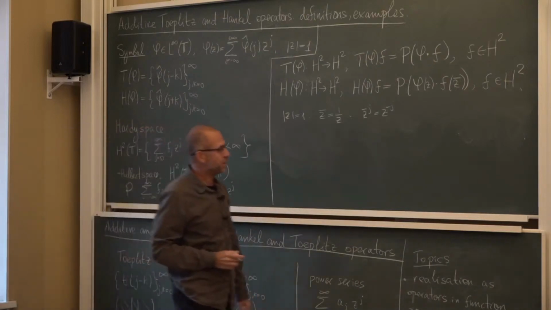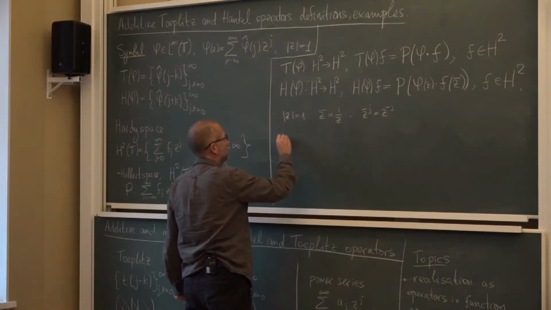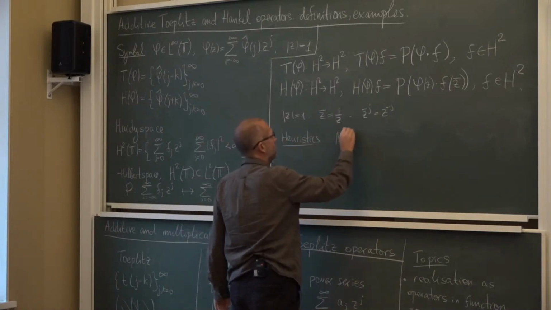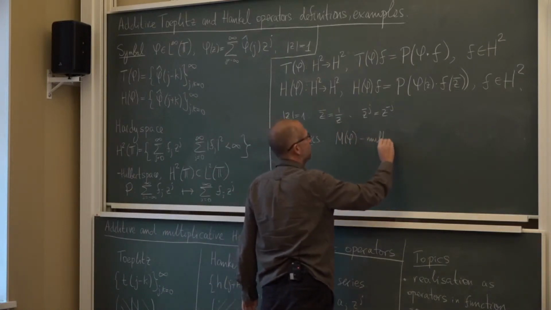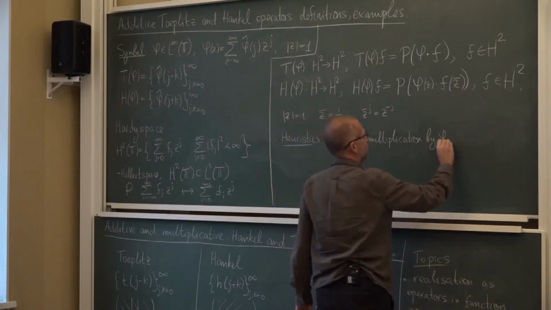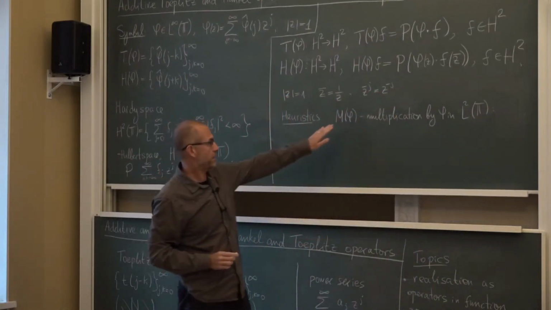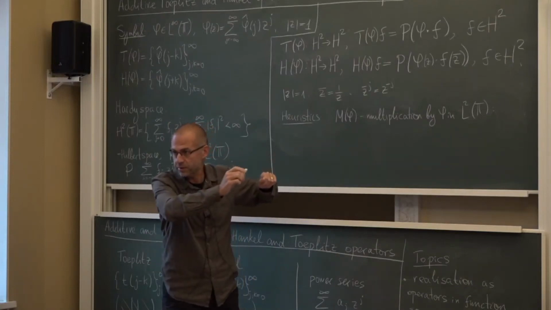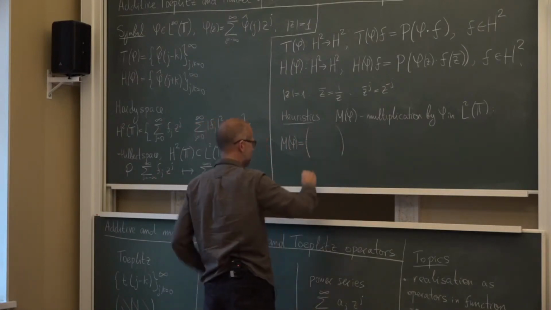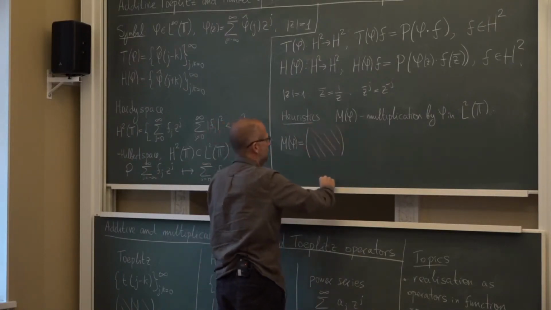So intuitively speaking, what happens is, heuristics, if I take the multiplication operator, multiplication by phi in L2, then its matrix in the standard basis is just a convolution matrix, with constant elements along the diagonals.